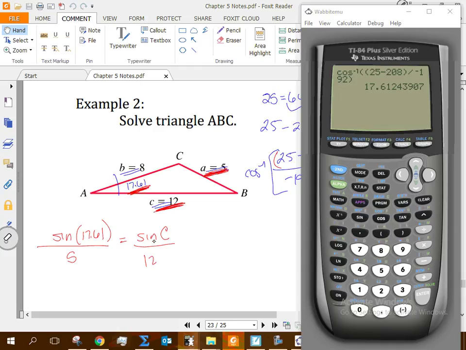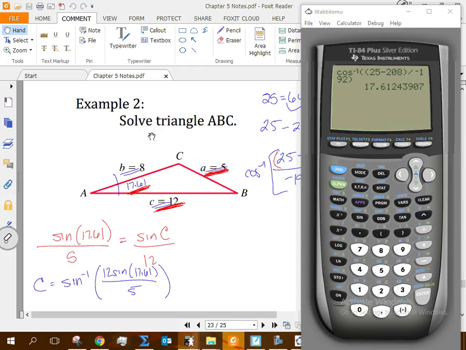I use an angle and a side, right? That's the ambiguous case. Now, maybe you don't recognize that right away, and to be honest with you, in the last class we didn't, but when I go through and I try to solve for this angle, I get essentially C is equal to, I'll leave it for you guys to do all the algebra here, sine inverse of 12 sine of 17.61 over 5.